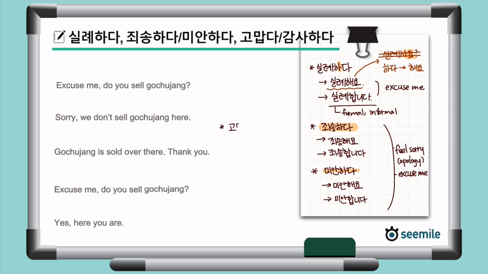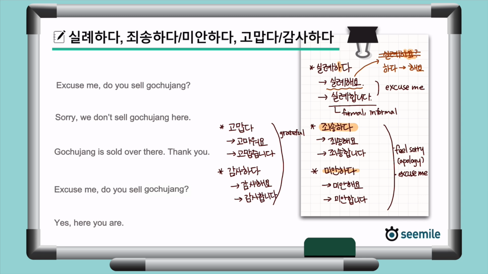Lastly, 고맙다, 감사하다 means to be thankful and grateful. So to say thank you, you can say 고마워요, 고맙습니다, 감사해요, 감사합니다. As for these words, 감사해요, 감사합니다 indicates a stronger degree of respect for the other person than 고마워요, 고맙습니다.